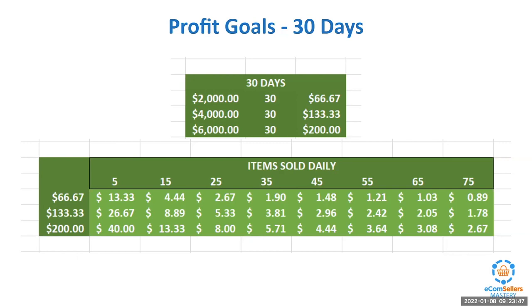And then for me to get to $66.67 every single day in profit, to make $2,000 a month from the store, I've got to have no less than about 3.5 sales a day. So those are the things you want to be paying attention to. What are your revenue goals and your revenue targets for your store?